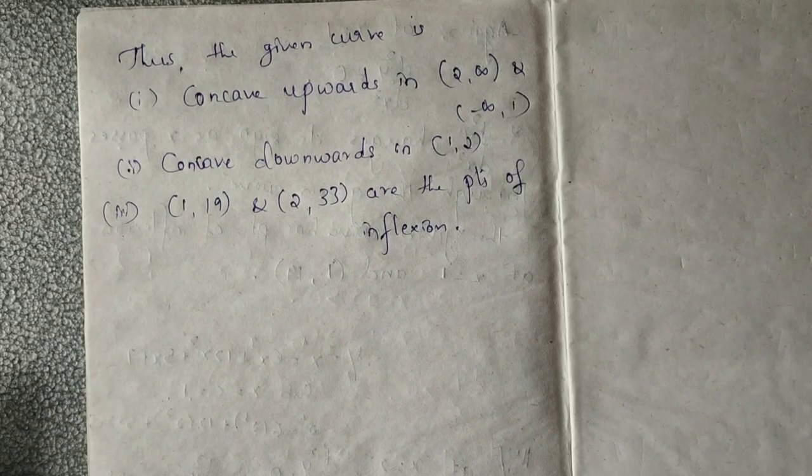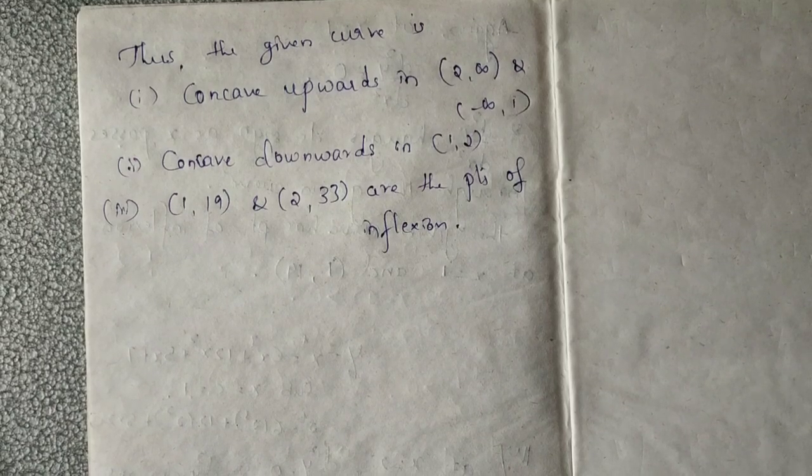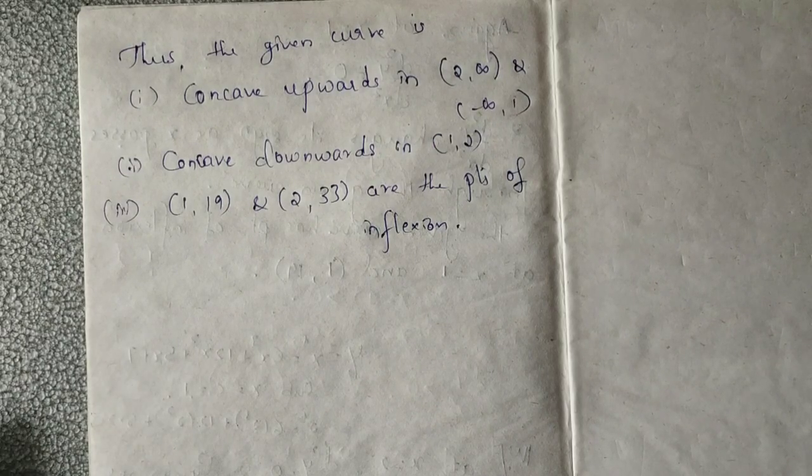Otherwise you can remember that if d square y by dx square is greater than 0, it is convex downwards, and if less than 0, it is convex upwards, and when it is 0 we get the points of inflection. If you are getting confused, remember only one terminology, either concave or convex. Don't go for both so that you will not be confused.